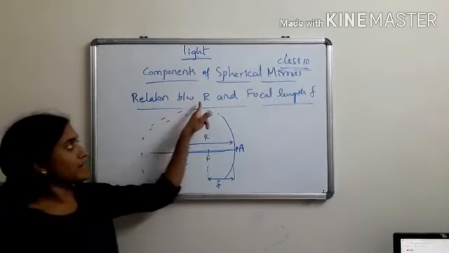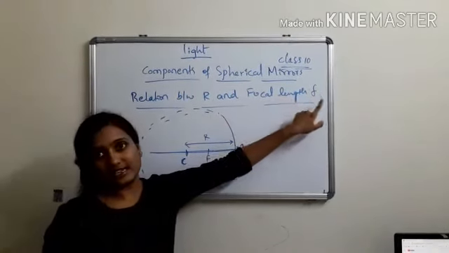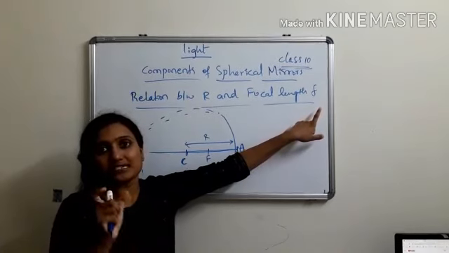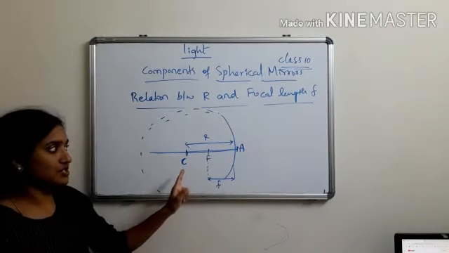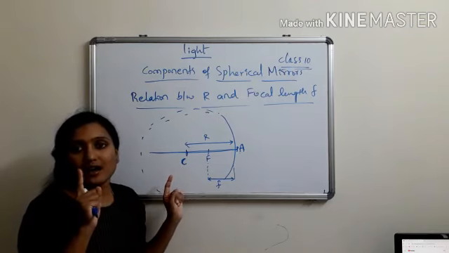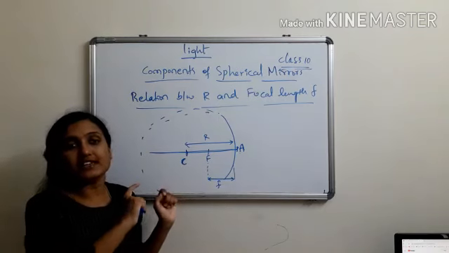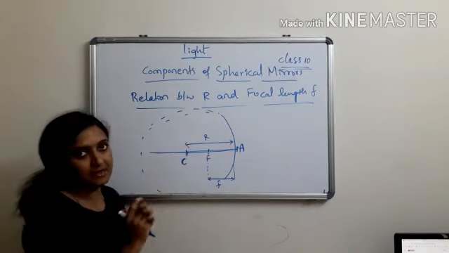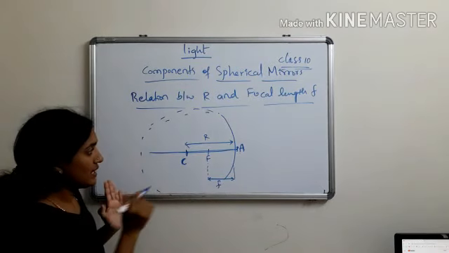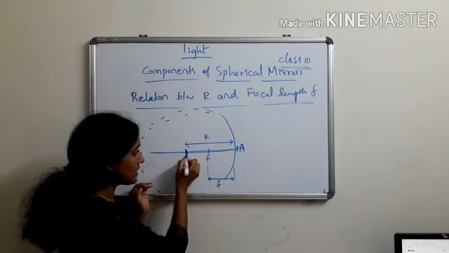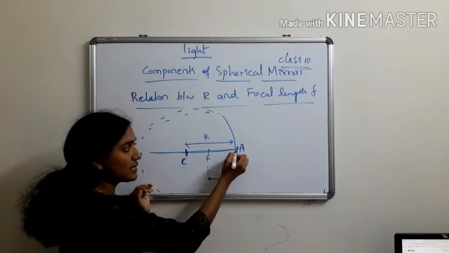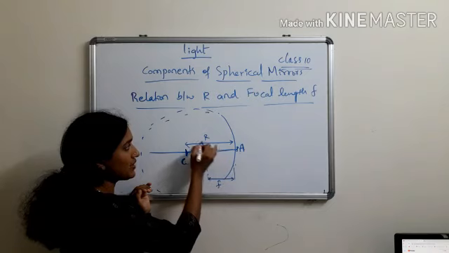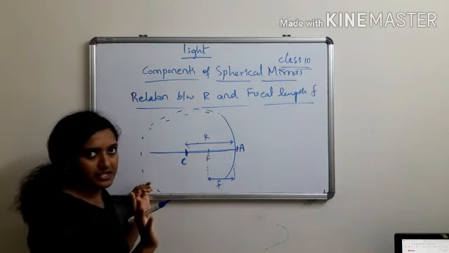Now, the relationship between R and the focal length f. I told you R means radius of curvature, C means center of curvature, and aperture means the diameter of the spherical mirror. The distance from the center of curvature C to the pole is the radius of curvature.